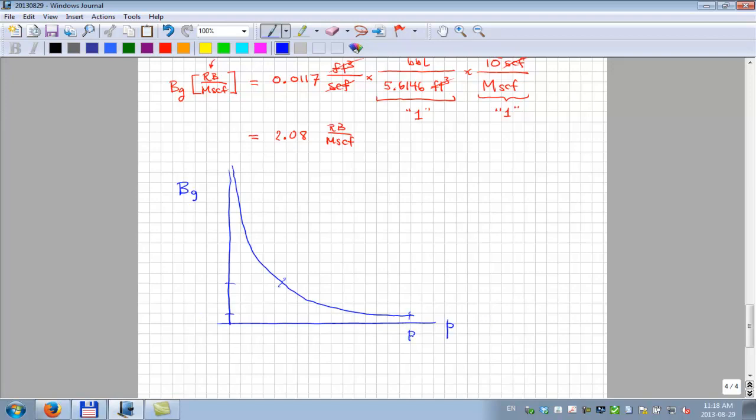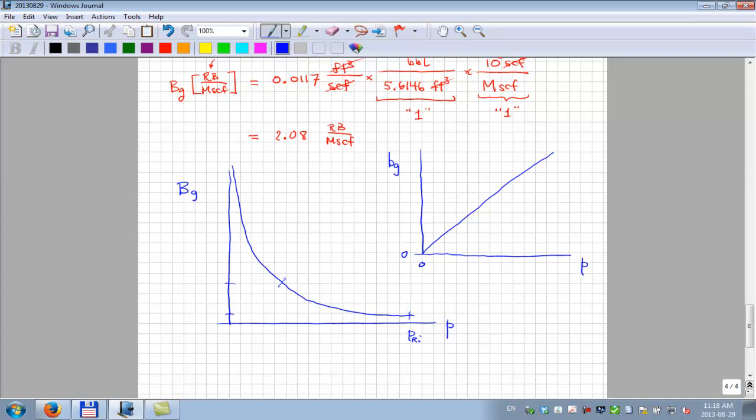This might be initial reservoir pressure, and so what's a much better idea for graphical representation of the measured data or calculations is to plot little bg, which is an exact straight line going through 0, 0. For ideal gas law, it's a straight line continuously.